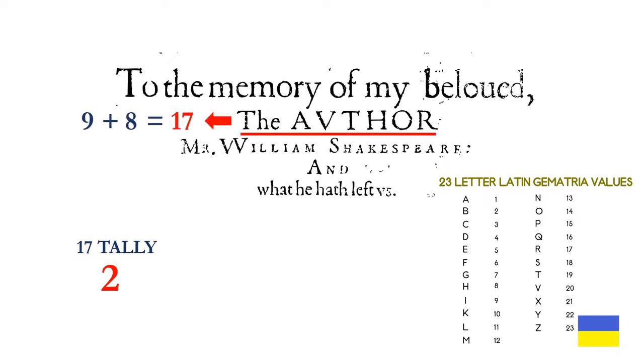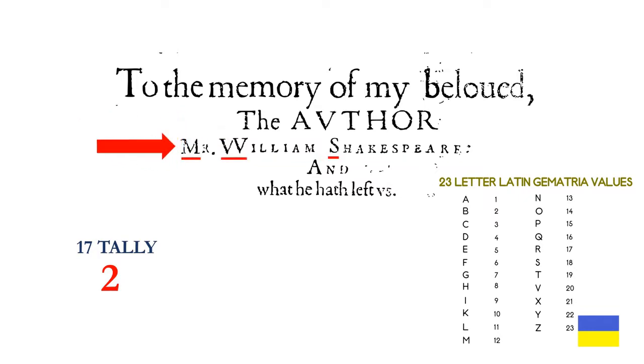Jonson wanted us to associate the author with the number 17. Meaning that we have to associate William Shakespeare, the name, also with the number. If we add up the larger uppercase letter values from line 3, the M, the W, and the S, they add up to 70.